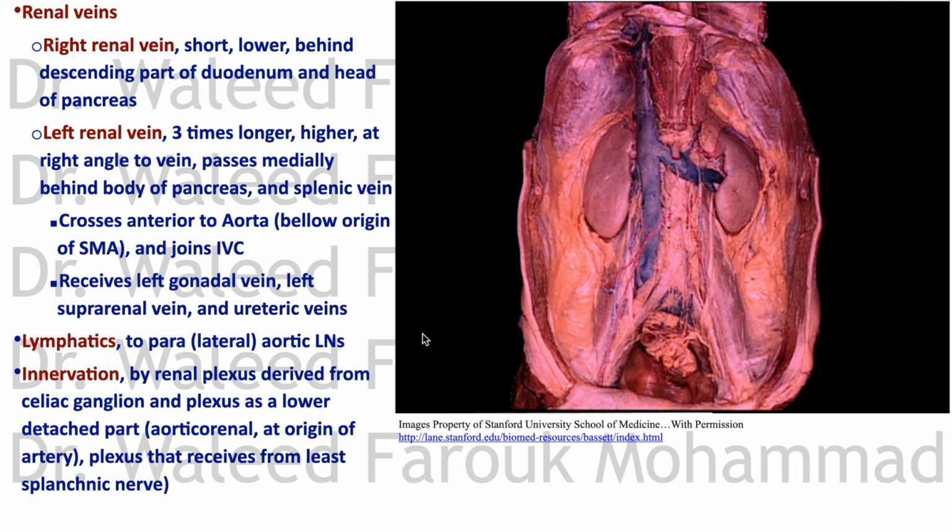Okay, the lymphatics drain to para-aortic lymph nodes along the vessels, and the innervation is, of course, by the aortic plexus, which gives extensions of plexus around the renal arteries, and the detached part of the celiac ganglion called the aorticorenal ganglia or aorticorenal plexus. Remember, in the thorax it receives from the lesser splanchnic nerve, which is sympathetic.